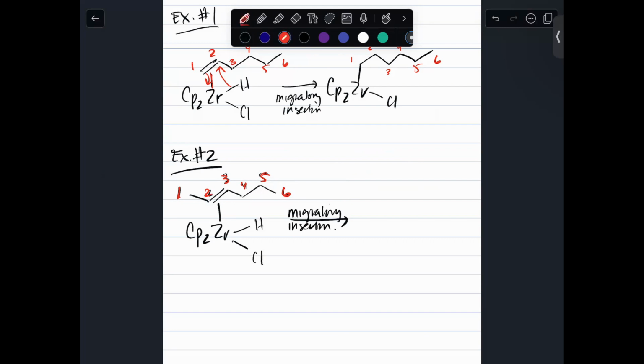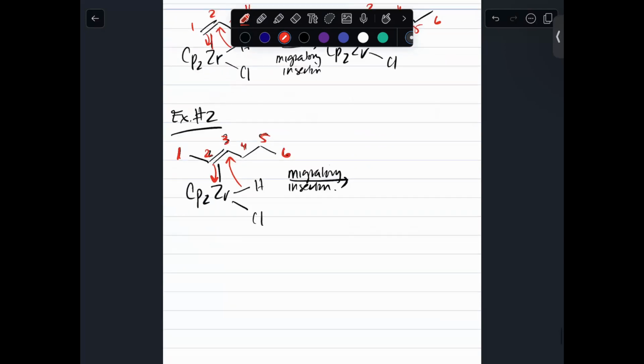I'll draw out my arrows. You form your bond between carbon 2 and my zirconium.